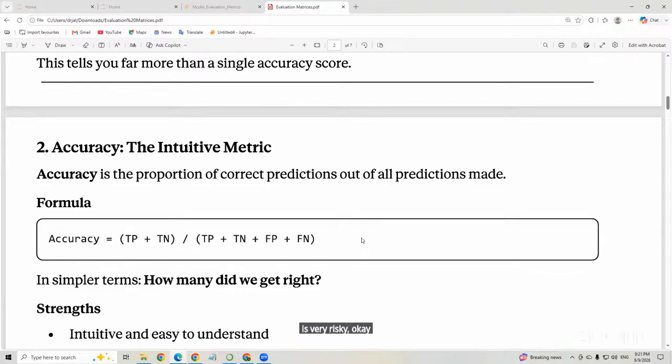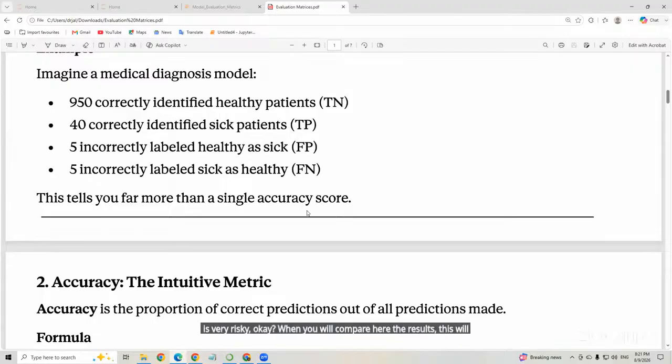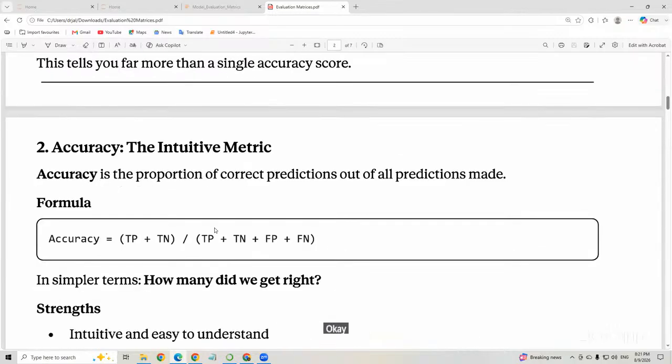When you compare the results here, this will be very risky. The correctly identified healthy patients are this number, and when you see the other values, there is a very large change in the values.